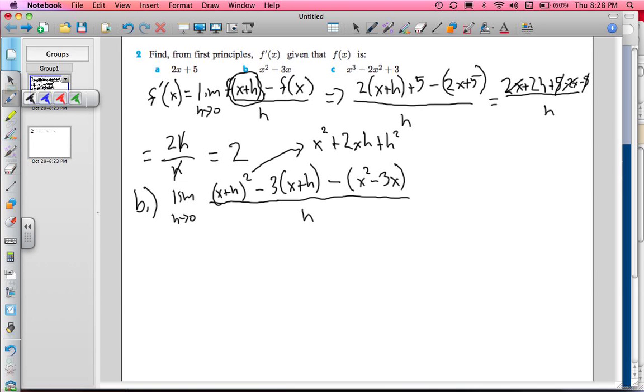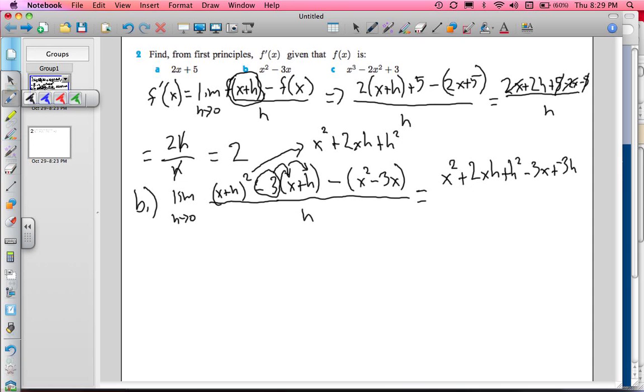We can also distribute the 3. We end up with x squared plus 2xh plus h squared, and I distribute this negative 3: negative 3 times x is negative 3x, negative 3 times h is negative 3h.